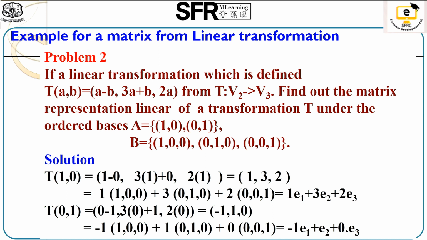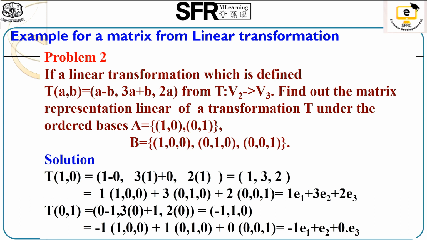First we find the value for (1, 0). Apply the transformation T of (a, b), here a equal to 1 and b equal to 0. Substituting in the given transformation, a minus b gives 1 minus 0, then 3a plus b gives 3 into 1 plus 0, and 2a gives 2 into 1.